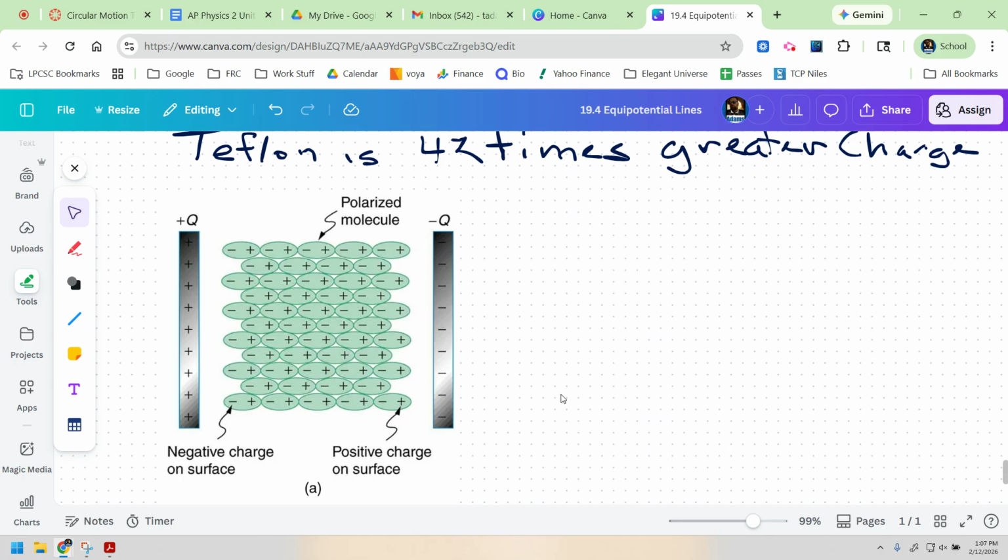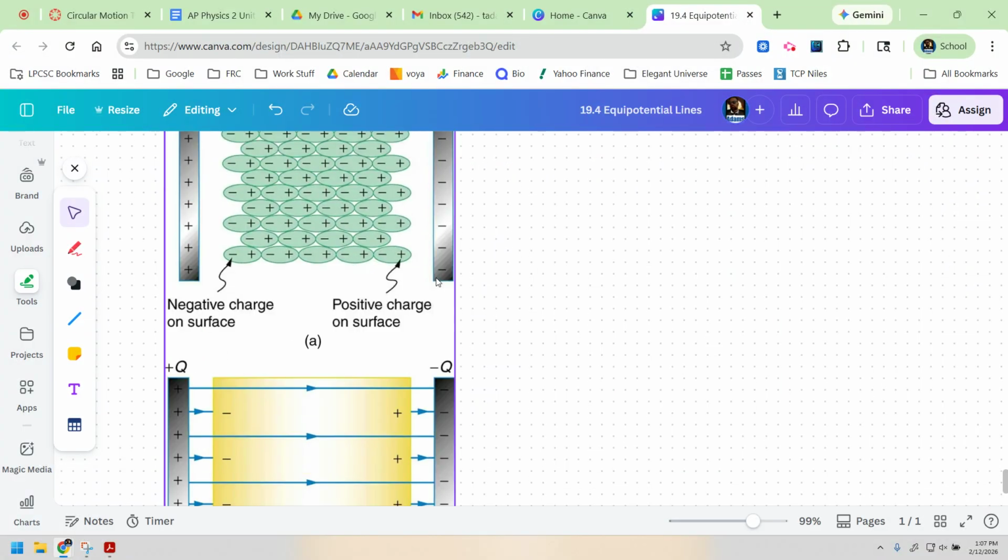So all the molecules are polarized in this dielectric. And this produces a layer of opposite charge on the surface of the dielectric that attracts more charge on the plate, increasing its capacitance.